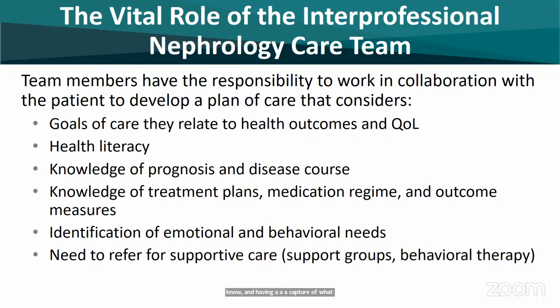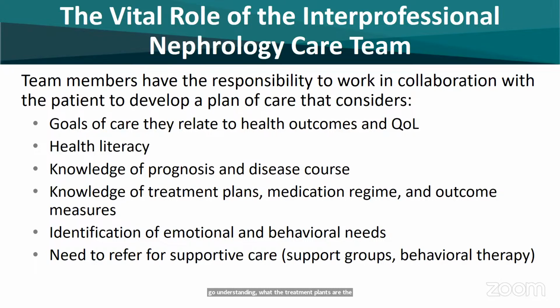Understand the prognosis and the disease course, and be able to communicate that with your team, and of course with the patient, having them realize this is your prognosis and this is where we're expecting the disease course to go. Understand what the treatment plans are, the medication regimen, and the outcomes measured.